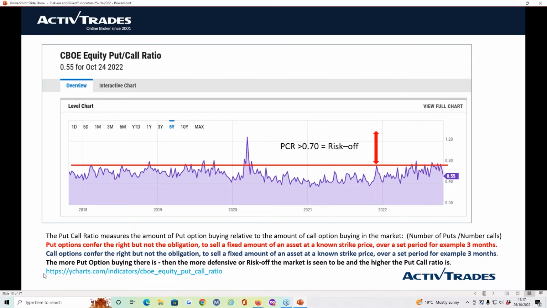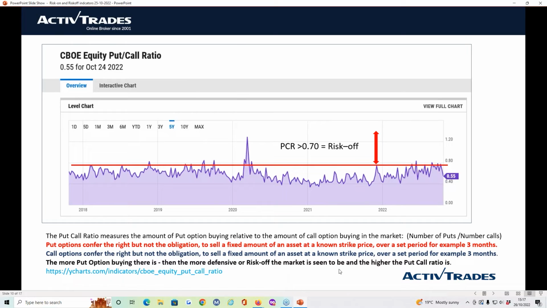So in this instance, I've taken this chart from ycharts.com, and at the bottom of the screen here, you'll see the link to that: ycharts.com/indicators/CBOE_equity_put_call_ratio. So again, a free indicator, but one that can prove very useful.